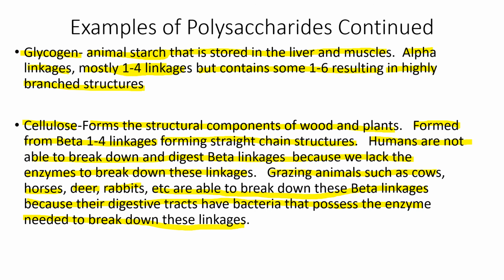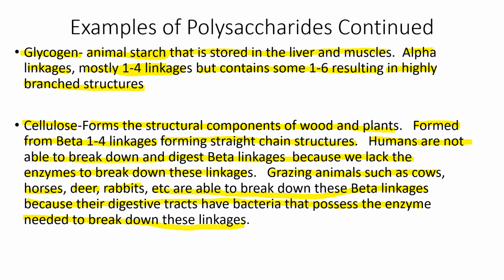So alpha versus beta linkages are very important. We as humans have the enzyme to break down those 1,4 linkages. So we can take amylose, amylopectin, glycogen, these very long, large polysaccharides with hundreds of monosaccharide units linked together, and we can break them down to get back those individual units because they're alpha linkages.